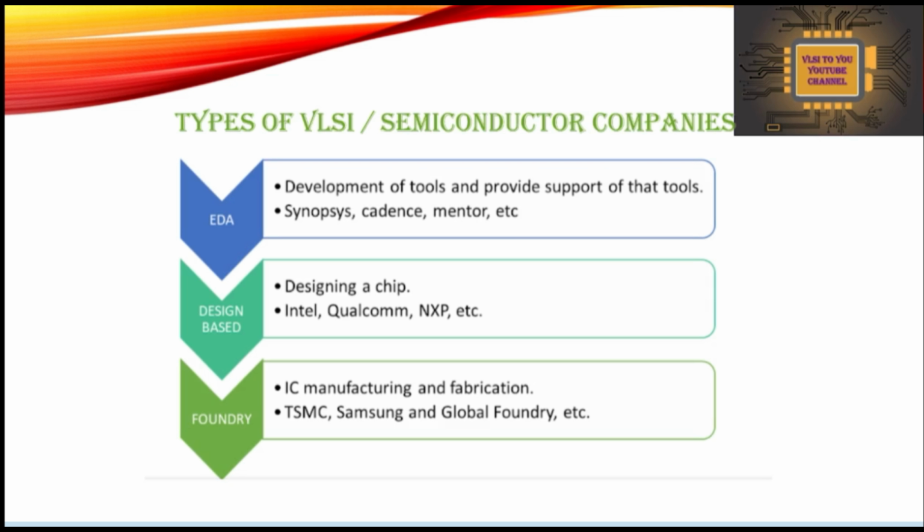That means the physical chip that you have in your hand is made by these foundries. You have various foundries like TSMC, Samsung, and GlobalFoundries. These are some of the foundries you can see.